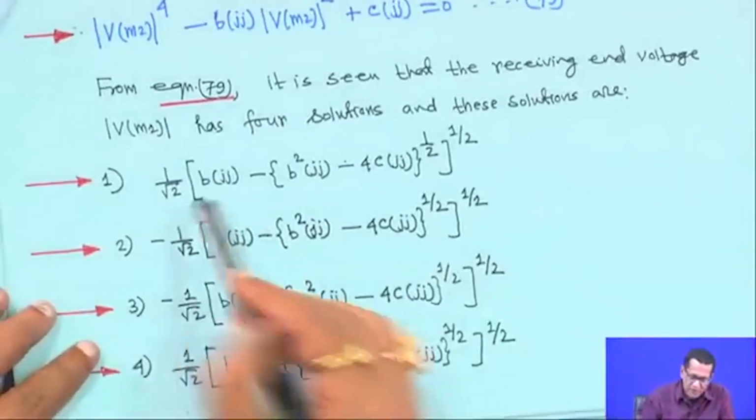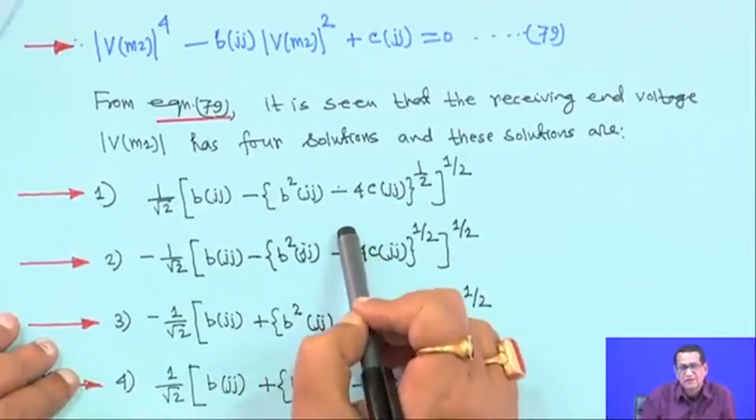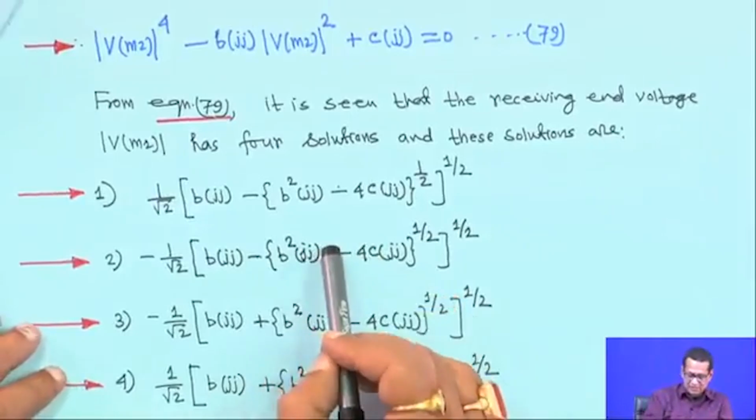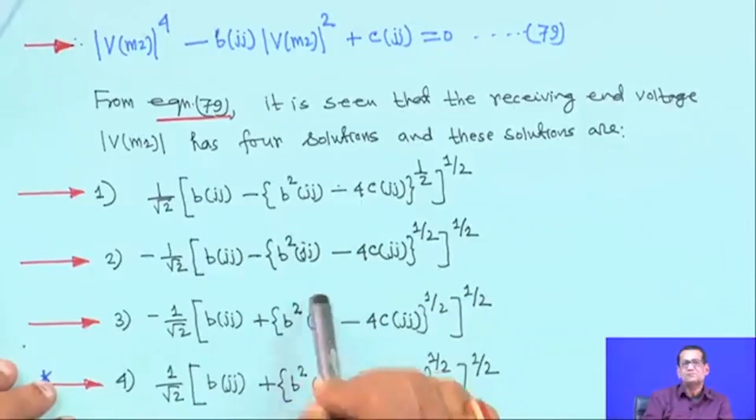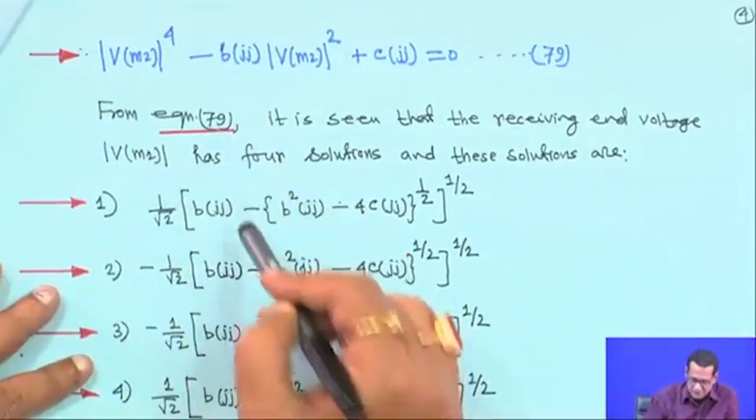During the load flow studies, we have taken only the feasible solution. Here I will explain why the other 3 solutions are not feasible. Please solve this quadratic equation and get all these values.